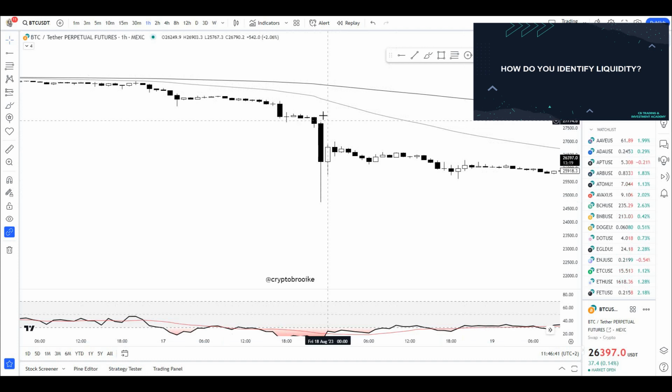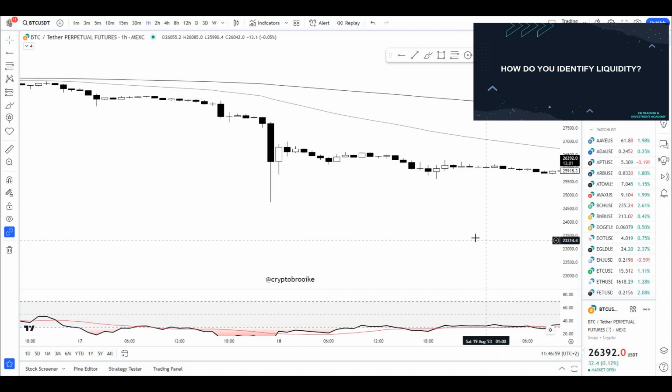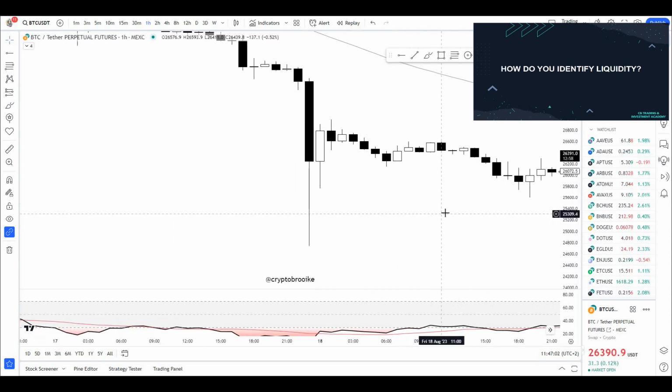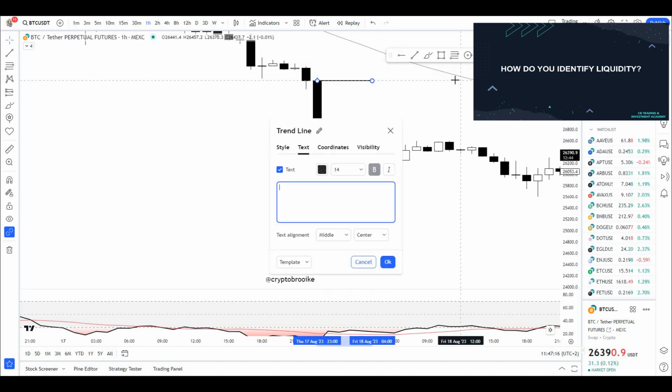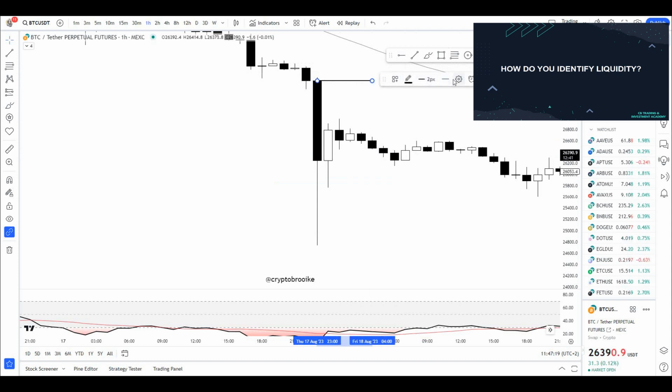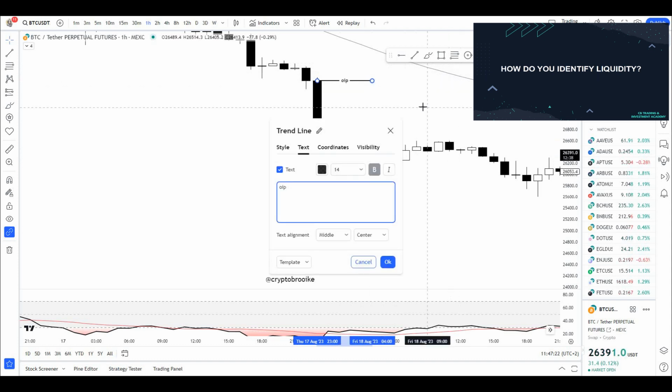What this candle tells us is that there was a dump from the start, because as you can see, every candle tells you the open price, close price, the low and the high. And if you look close at this candle, the open price, sorry, this was the open of the candle.